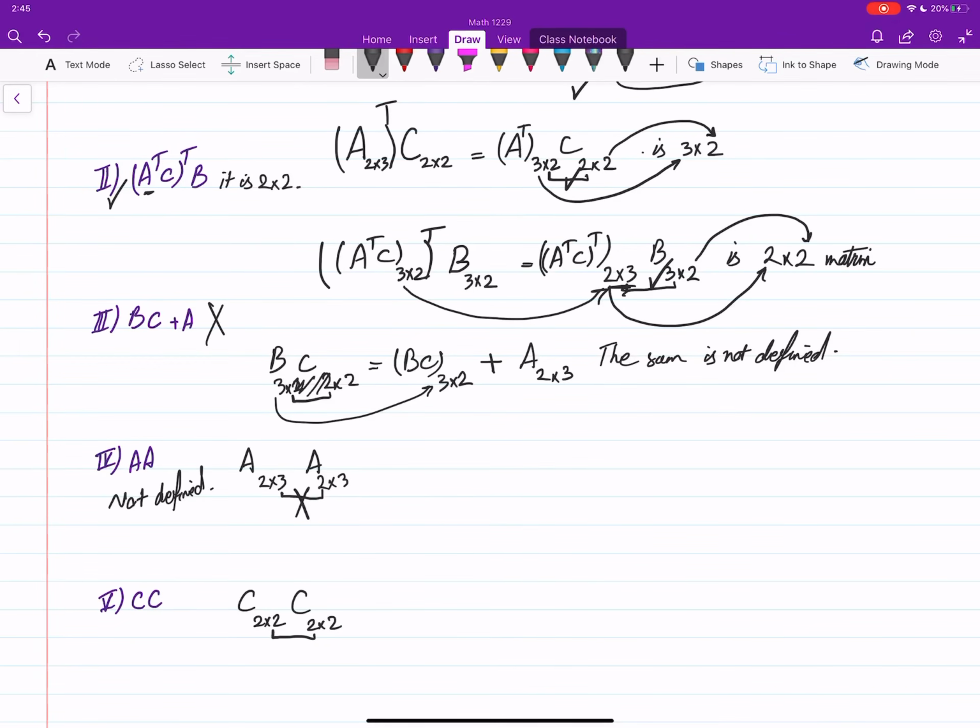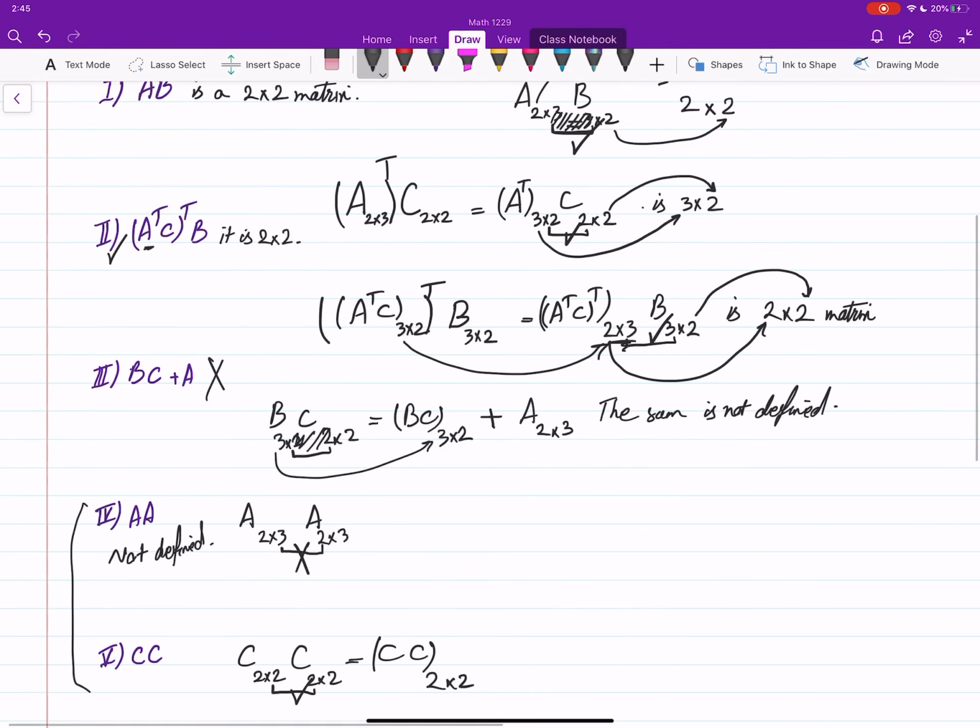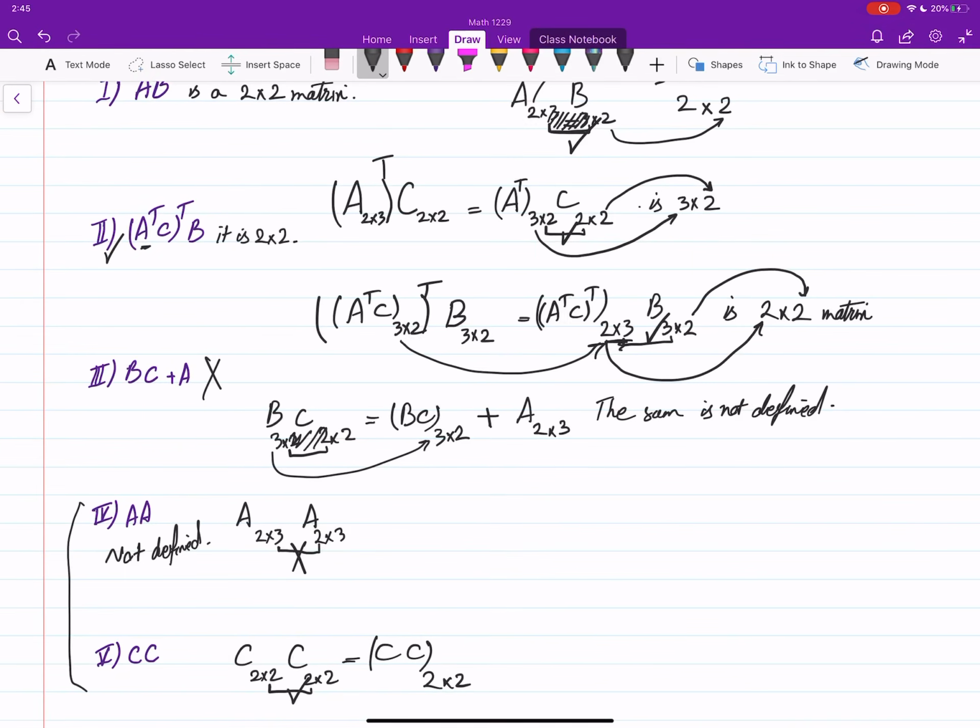That means that the number of rows and columns are equal, and the product is going to be a 2 by 2 matrix again. You have to note here in these two examples that to be able to multiply a matrix by itself, the number of rows and columns of that matrix must be equal. We'll get back to this later when we study the powers of matrices.